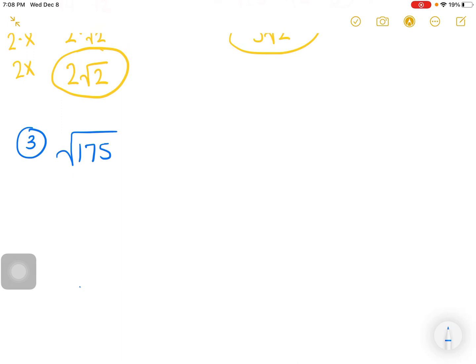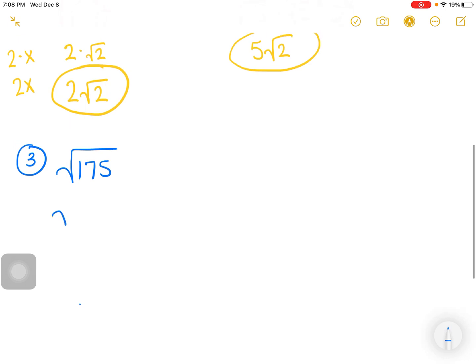And I know $1.75, you can split that evenly between quarters. So I know 25 will go into it, and that's nice because 25 is a perfect square. So let's see here. I know I can break this into 25 times, well, let's see, $1.75, that would be 7 quarters. So that'd be 25 times 7.